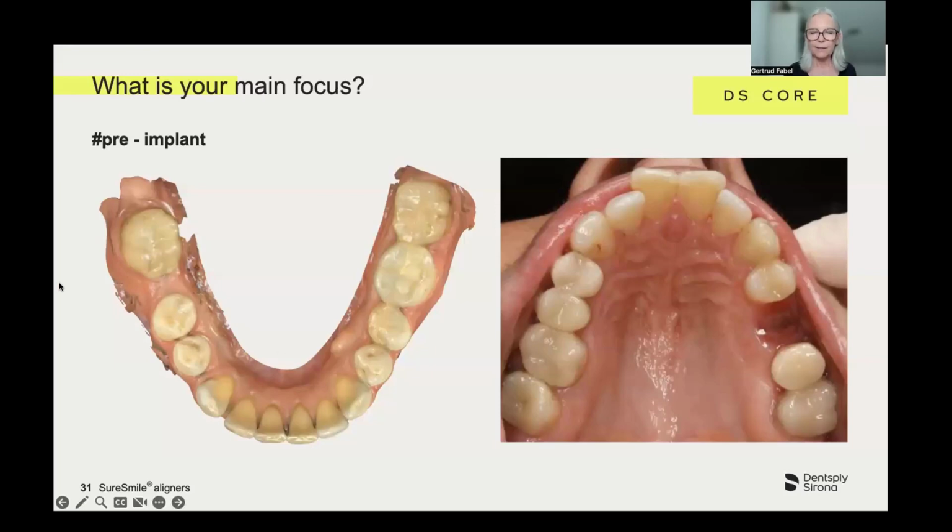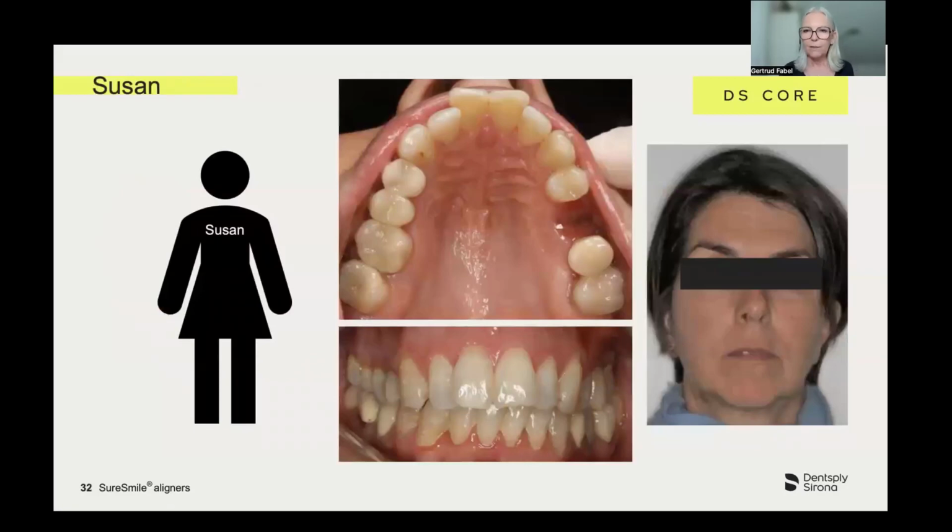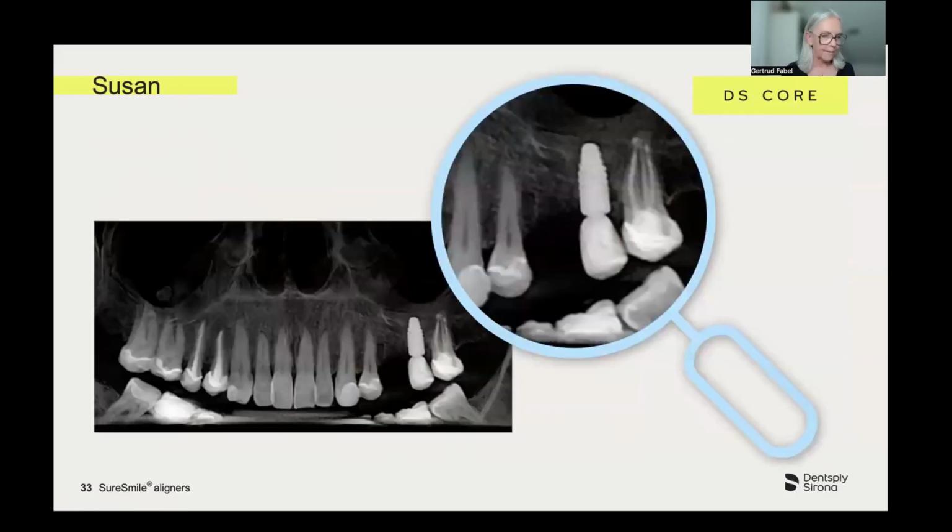Both of these cases are ideal for a pre-surgical, pre-implantological aligner treatment. Well, this is Susan. Susan's case was very nice because the width of the gap which we would get afterwards was calculated in advance.